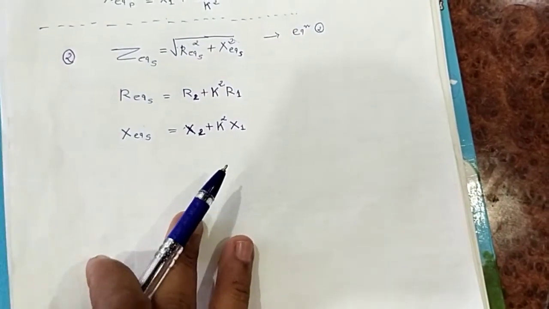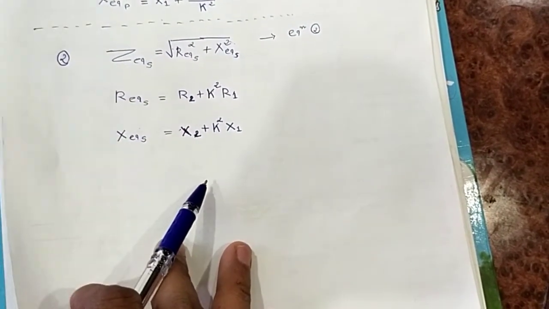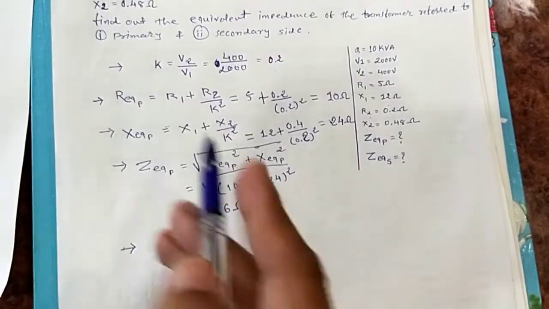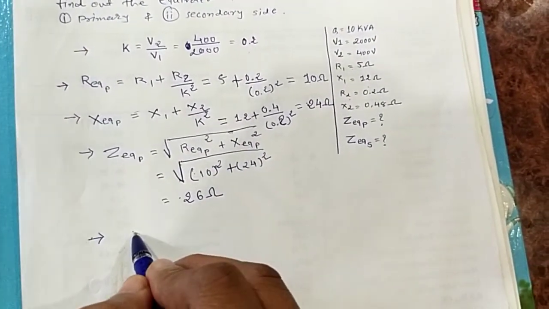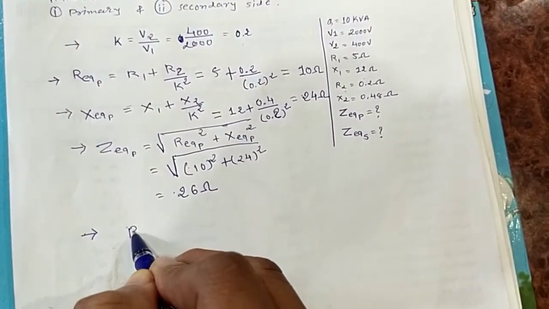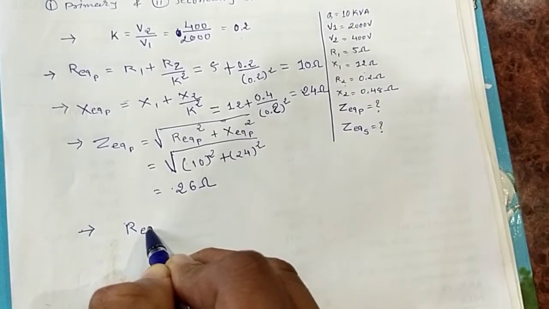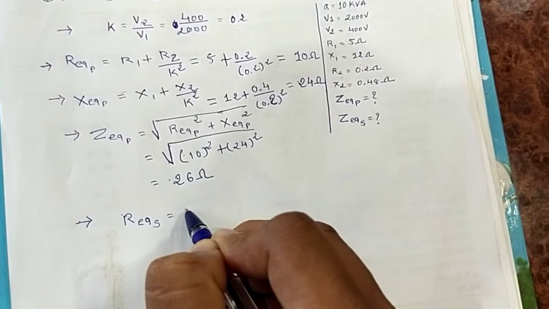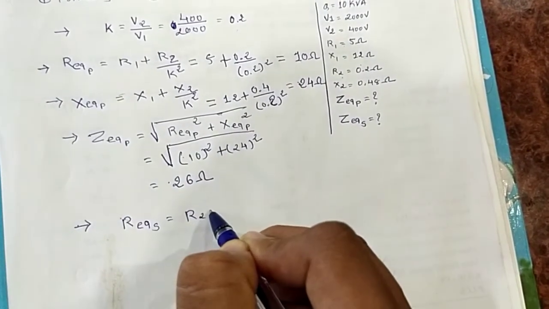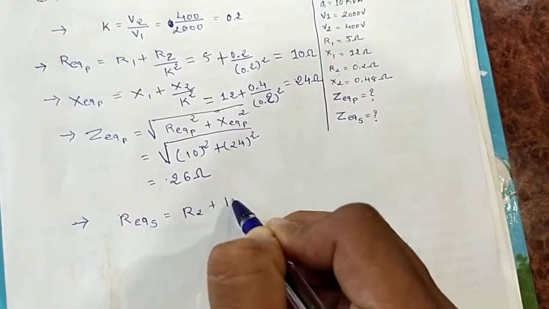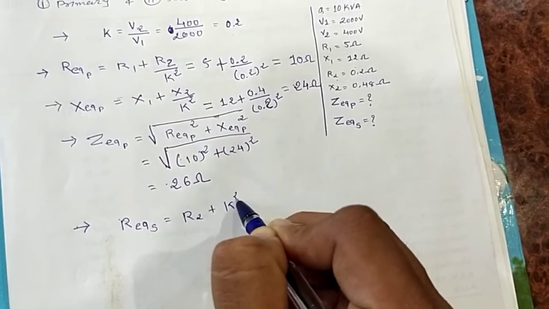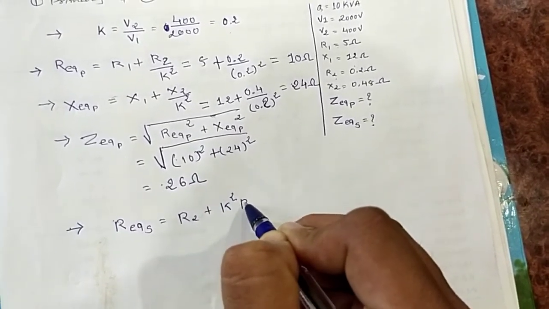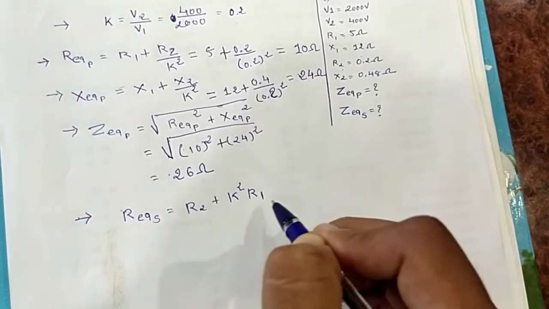Simply put all the values in the respective equations. First, R equivalent of secondary, the equation is R2 plus K square R1.